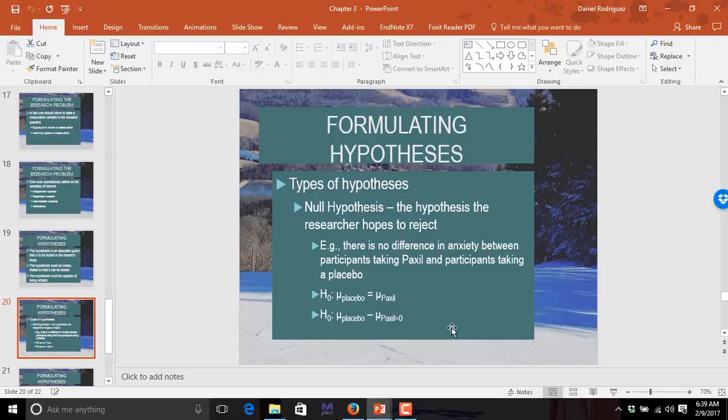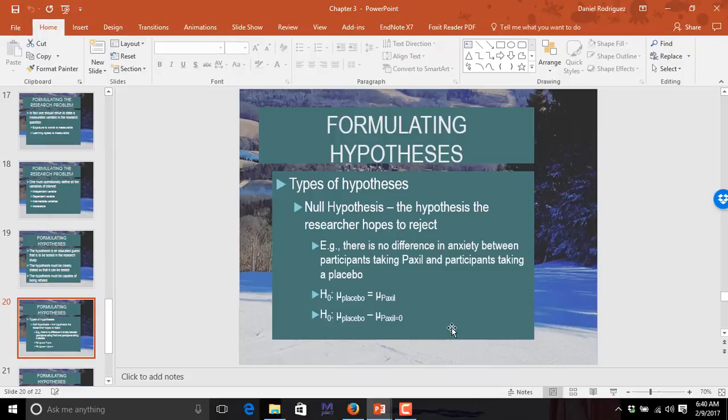In the beginning, we take people who have some kind of anxiety disorder, say social anxiety disorder, who are clinically anxious. They represent a population of clinically anxious individuals. What we're hoping is that after the drug, the people who are taking Paxil will be part of a new population called the formerly anxious, right? So they will not be from the same population as those who are clinically anxious.